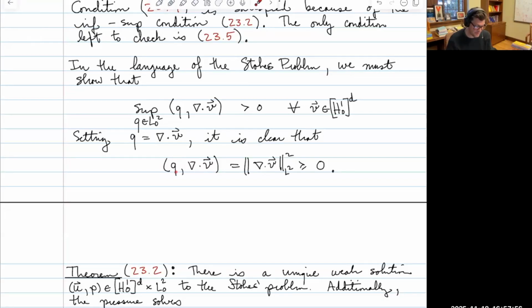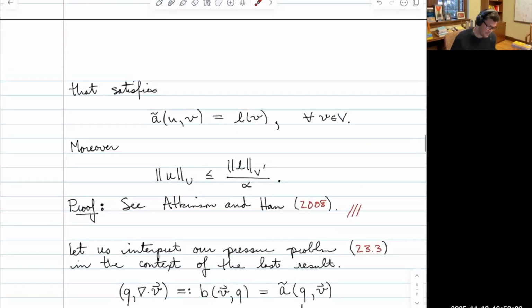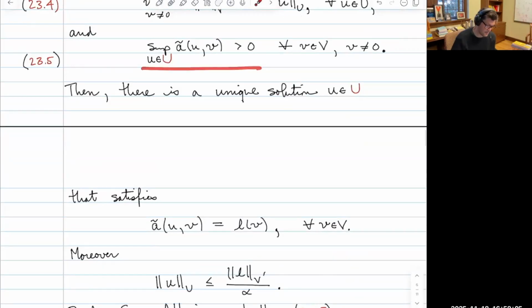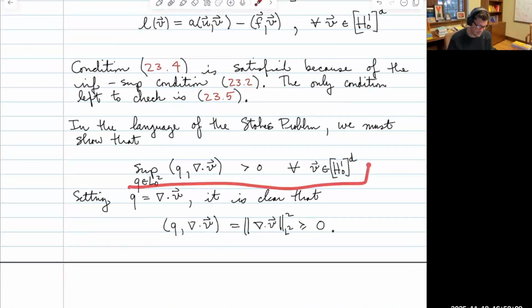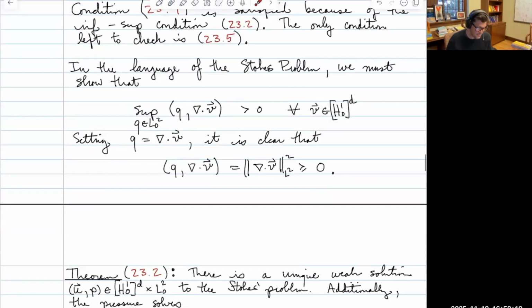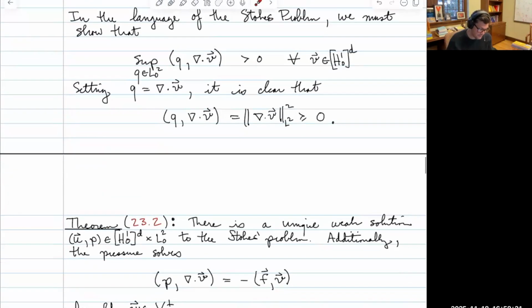This is just one particular q value for a given v. But I claim we can still show this, 23.5, which is the same as what I have written here, but I'm going to leave that as an exercise. So we've identified everything except for this one piece, but I'll leave that as an exercise to you.